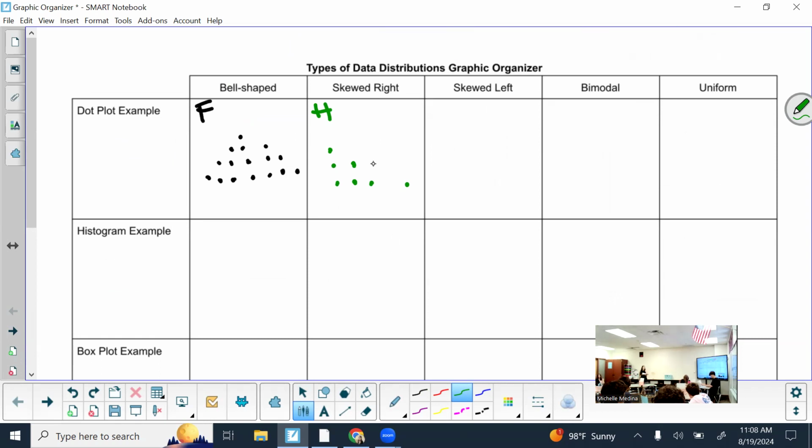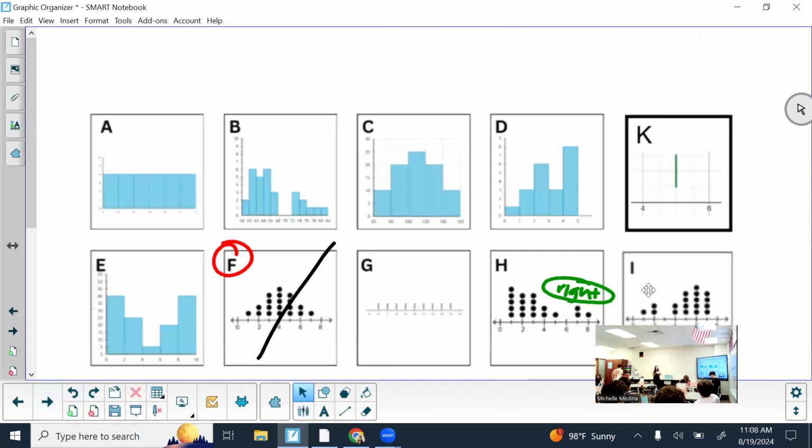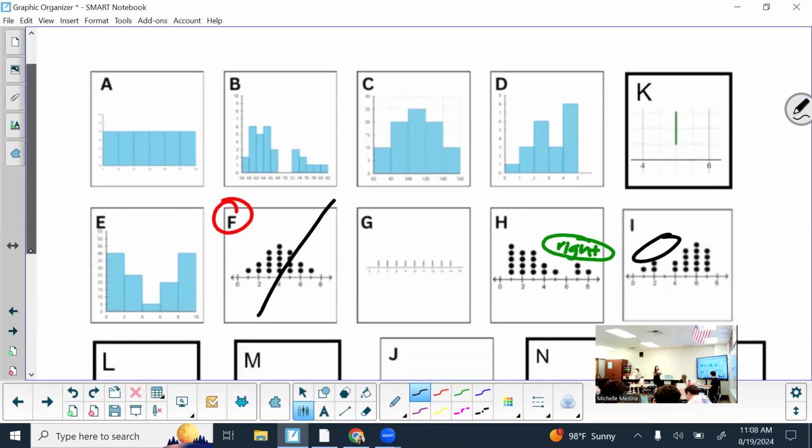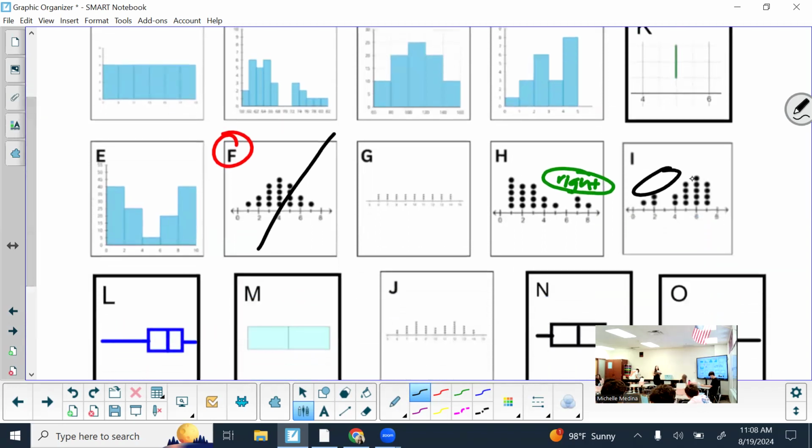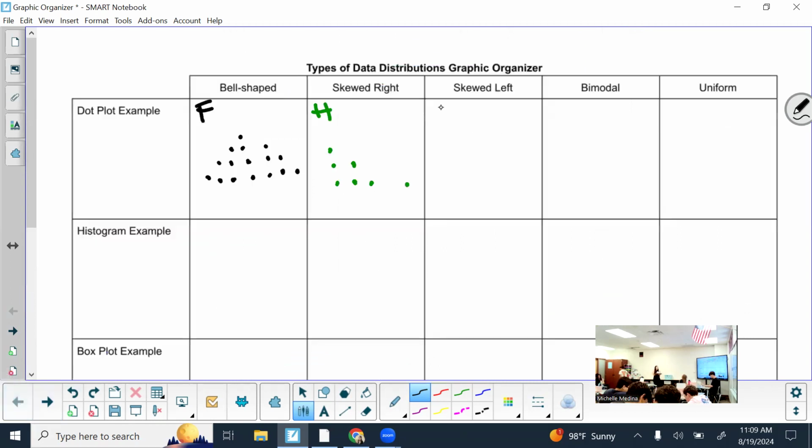Ivory, what about our skewed left dot plot? I, correct. So this one is skewed left because it has a space, like a void, on the left. G and J are called something different, but they are also dot plots. So skewed left would have most of its data to the right and a clear space on the left.